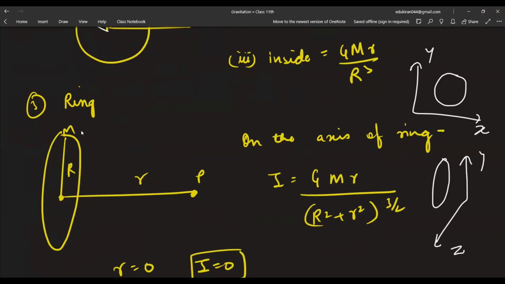Whenever you have the yz plane, you will see the circle aligned like this. And if you see it from the front, it will look like this, which is the xy plane. So from the center of a circle, when you are calculating, I'll show you.